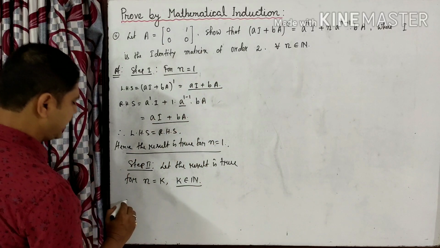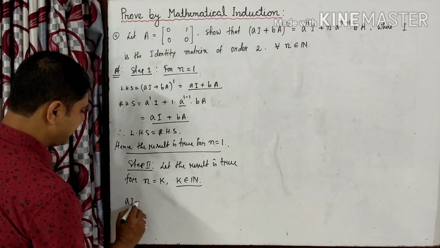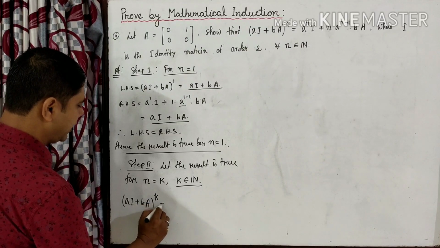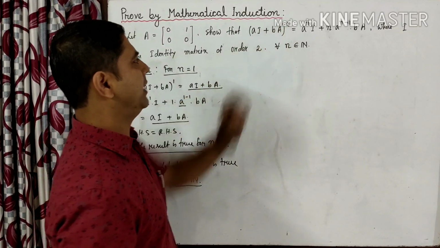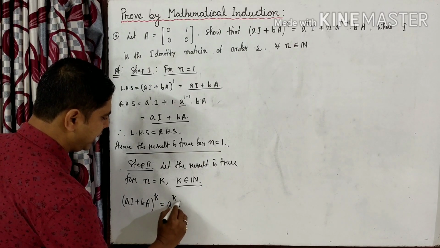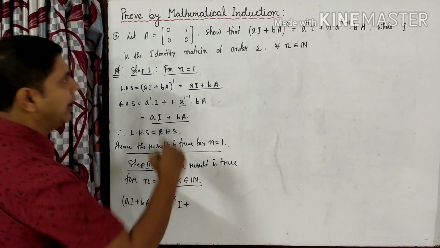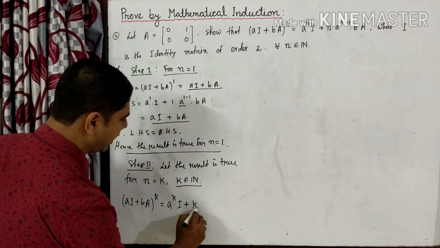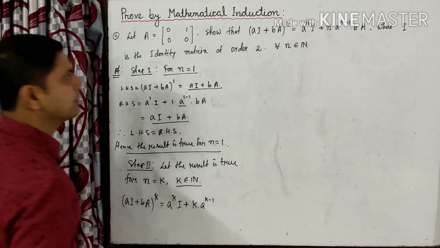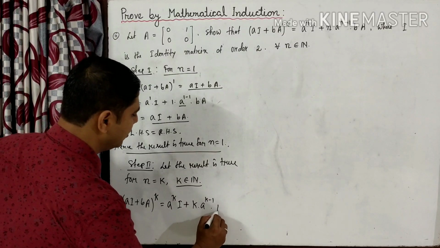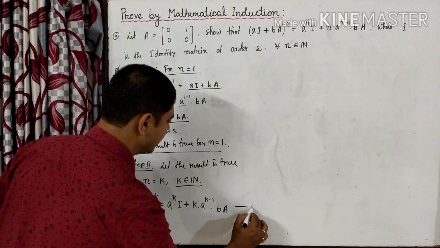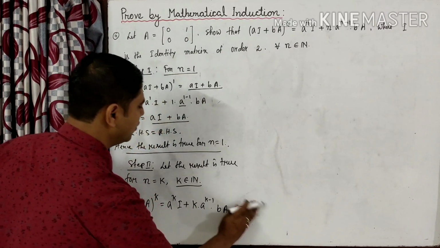Therefore, the given statement can be written as (aI plus bA) whole to the power k, n replaced by k, and this one is a to the power k into I, and the second one is k into a to the power k minus 1 into bA. This one we consider equation 1.